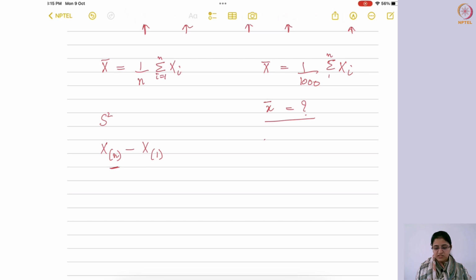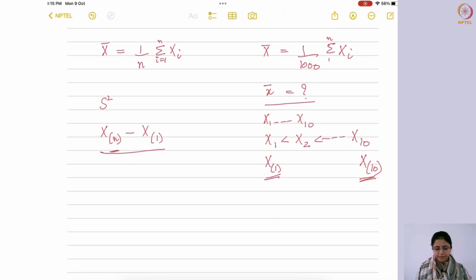If you are given some 10 observations and you arrange them in increasing order such that X(1) is less than X(2) and so on, then we can say that X(1) is the smallest order statistic, the smallest observation, and at this position, whatever you have, that will be the largest one. So range is basically the difference between the minimum and the maximum. So again, this is also a sample statistic because it does not involve any unknown population parameter.